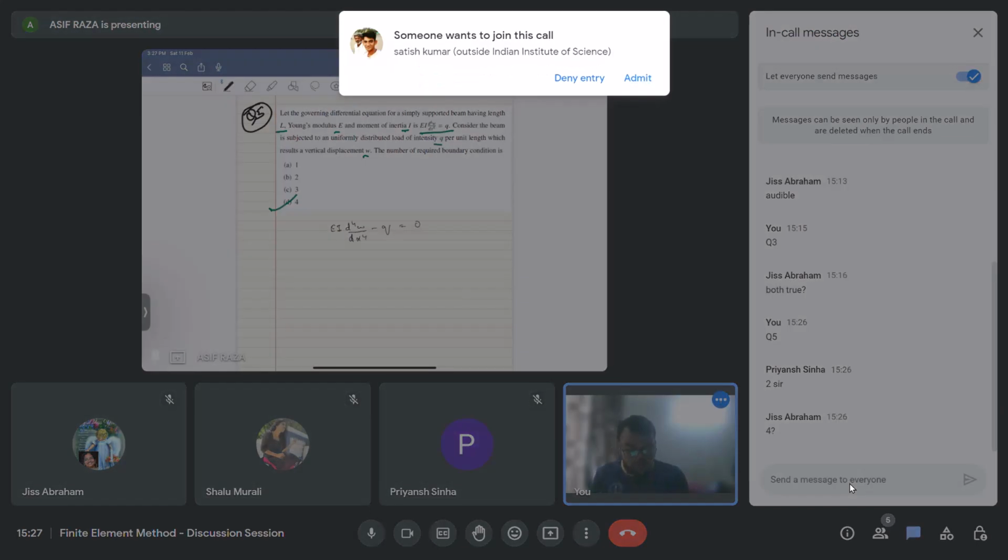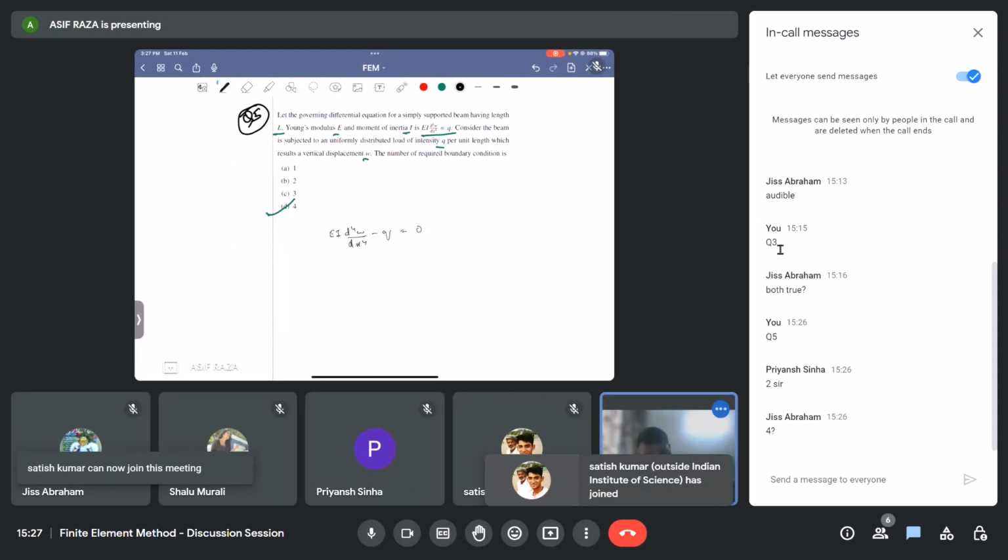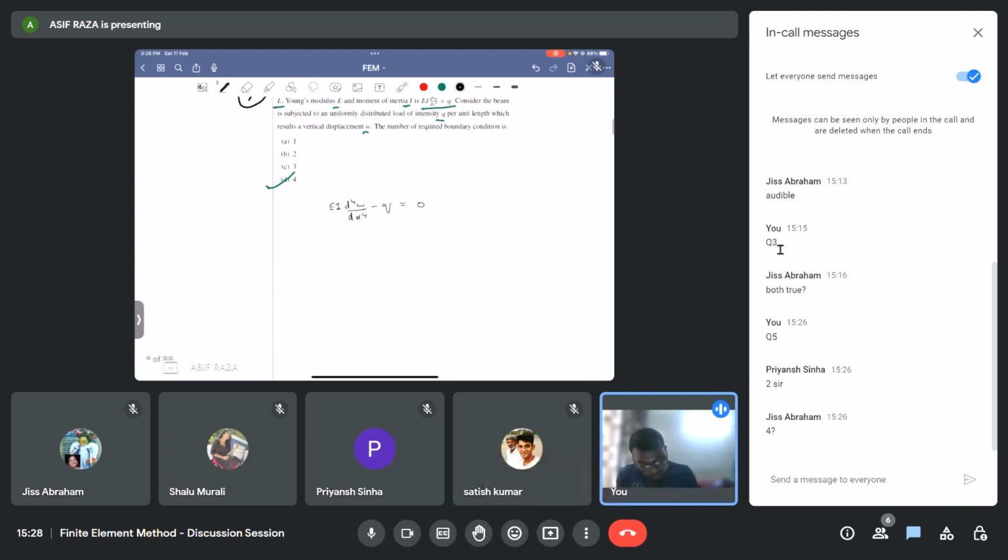For getting the boundary conditions, what do we normally do? We multiply it with a weight function, right? So if I take nu or gamma as my weight function, it will be like this: integral from 0 to L of gamma times EI d4w by dx4 minus Q dx equal to 0.